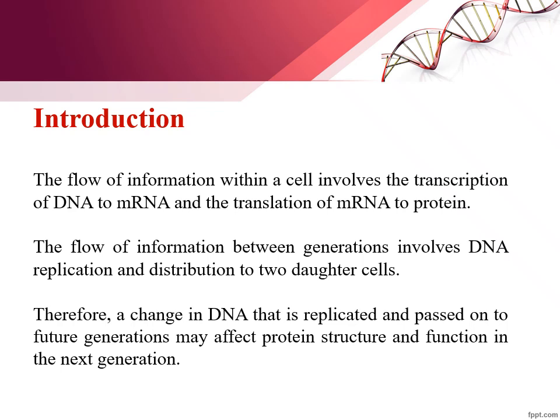During replication, we must obtain two daughter cells. Therefore, a change in DNA that is replicated and passed on to future generations may affect protein structure and function in the next generation.